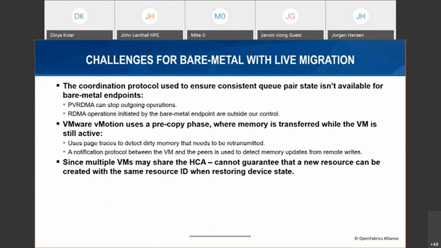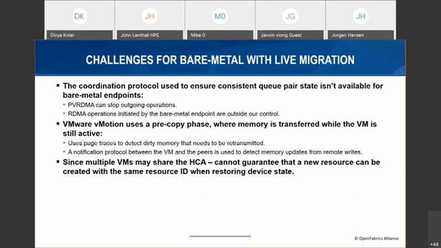For the fully virtualized case, we actually have a protocol that takes care of that for the RDMA traffic. But again, this is not really possible for the bare metal case.